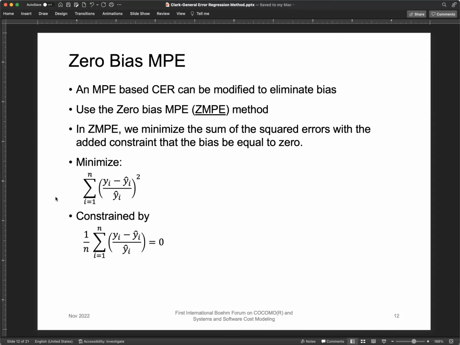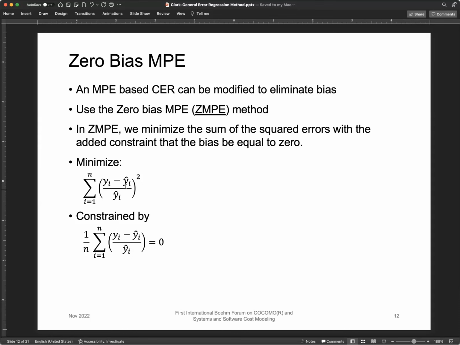So the minimum percent error based CER can be modified to eliminate the bias. We use what's called the zero bias minimum percent error method, or ZMPE. In ZMPE, we minimize the sum of the squared errors with the added constraint that the bias will be equal to zero. So while the tool is working to find the best coefficients that reduce the error as close to zero as possible, it also makes sure the bias is zero.